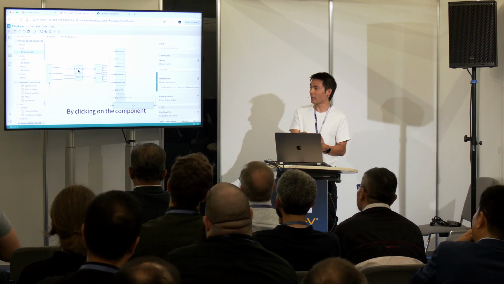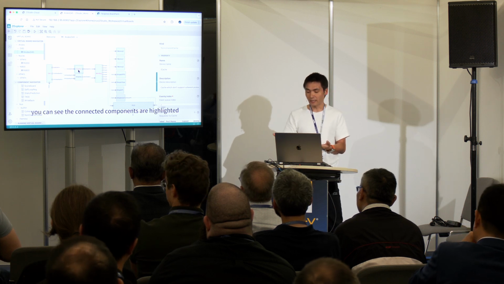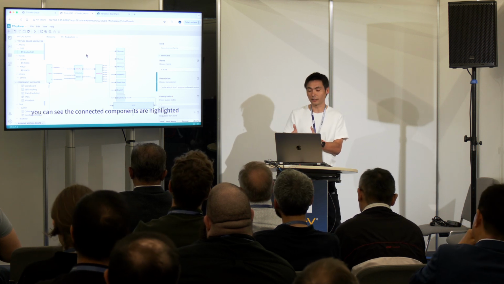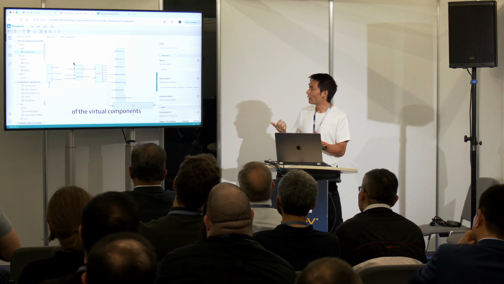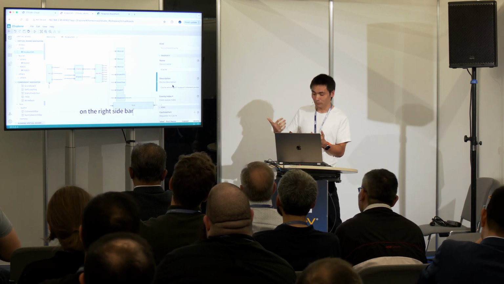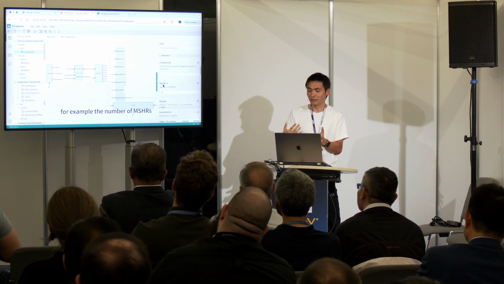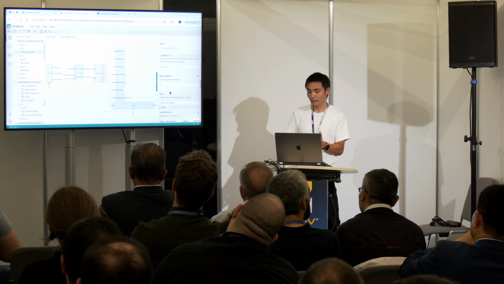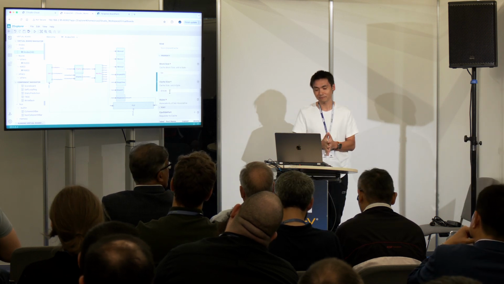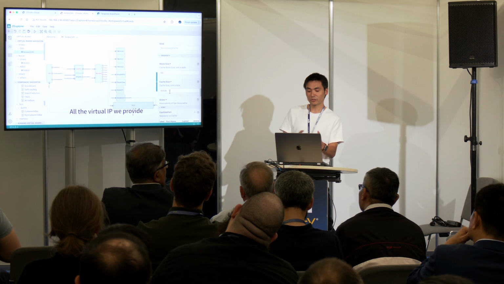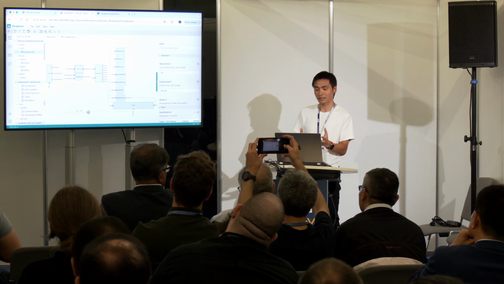By clicking on the components, you can see on the left side there are lots of attributes you can edit, such as the name of the components, MSHRs, and the cache size, etc. All the virtual IP we provide within the Explorer are configurable.